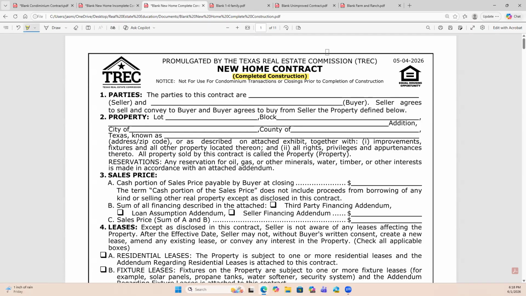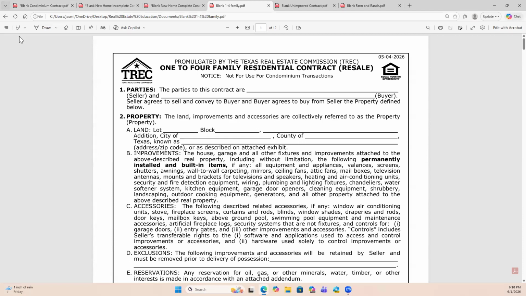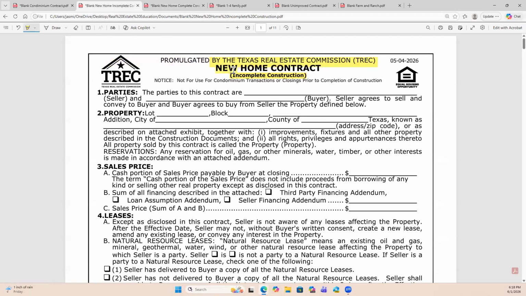And the biggest difference between these two and the actual 1 to 4 family is that the 1 to 4 family contract is a resale, which means it is not new. Hence the titles. They did this on purpose, right? We have new construction incomplete, new construction complete versus pre-owned, someone has lived here before and it is being resold to somebody else.